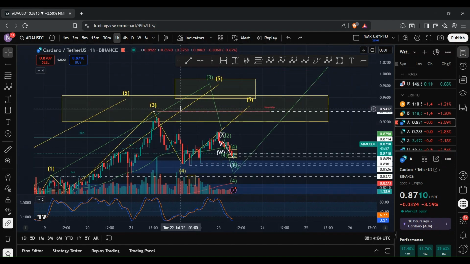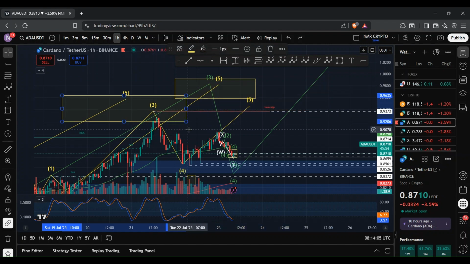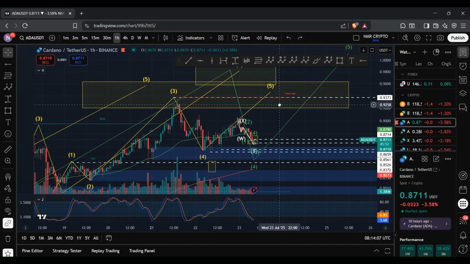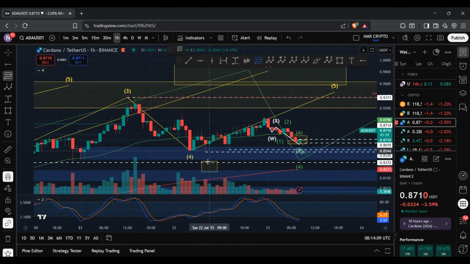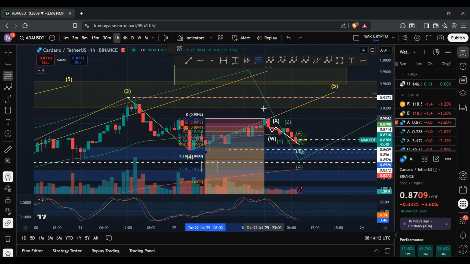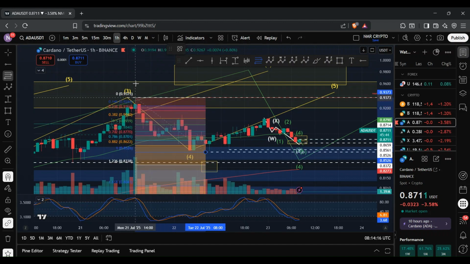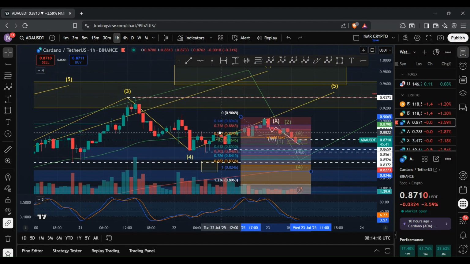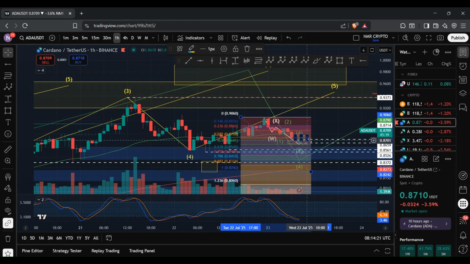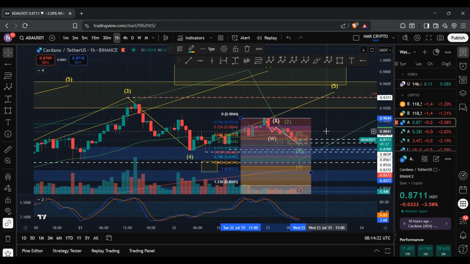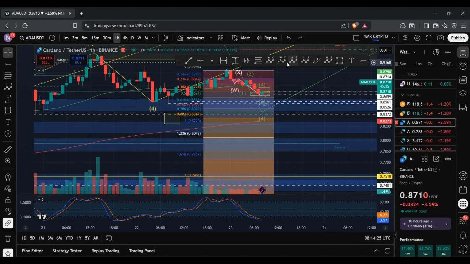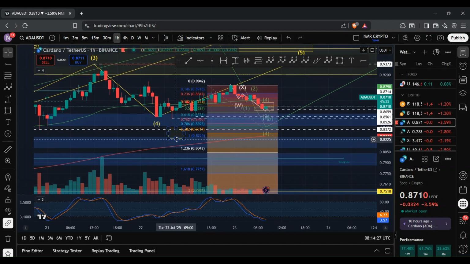And if we are within this fourth wave, then what we are forming is a WXY structure. So what I do is set that Y wave target. And so that Y wave has the potential to reach this region here between 80.43 cents to 82.25 cents.